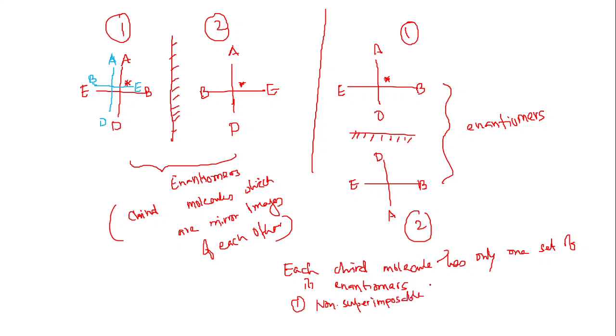We'll prove something in a moment, that this aspect, this non-superimposable mirror image, is only true if it's an enantiomer or if it's a chiral molecule. The second point is they have identical chemical properties.